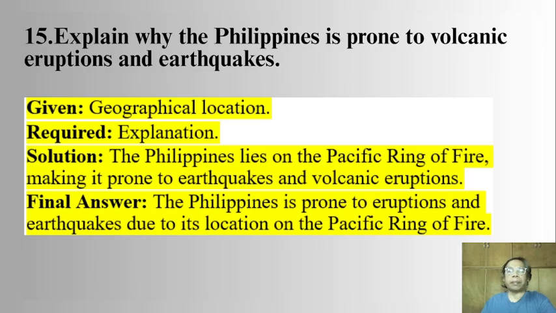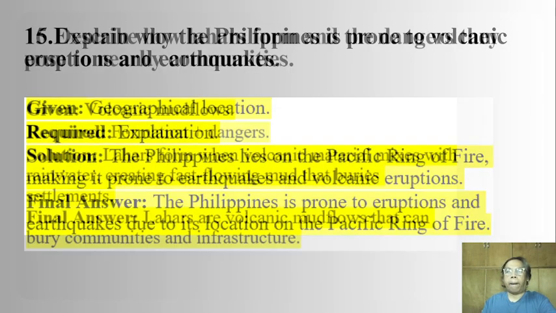Solution: The Philippines lies on the Pacific Ring of Fire, making it prone to earthquakes and volcanic eruptions. Final answer: the Philippines is prone to eruptions and earthquakes due to its location on the Pacific Ring of Fire.